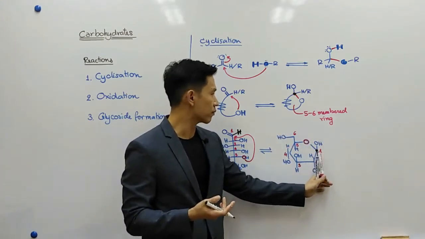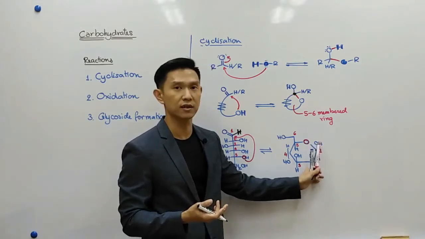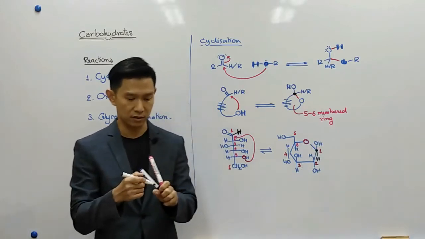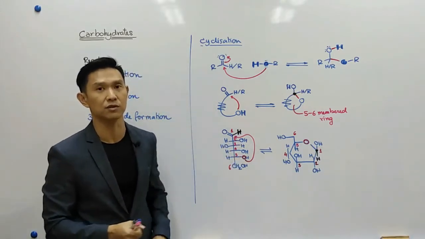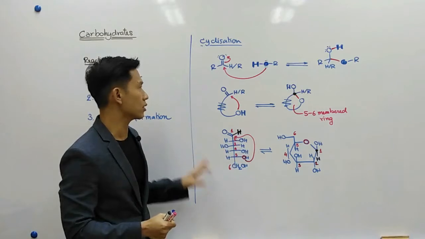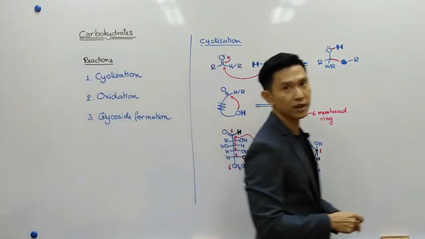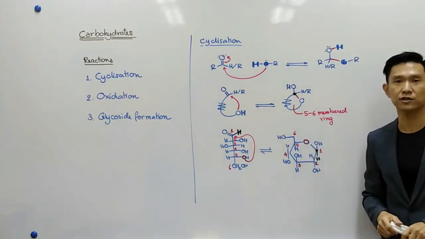But if the carbon with 2 oxygen connects with 2 carbons left and right, it means that the previous structure is the ketone. Okay, that's it. This is what I want you to know. And this is the first reaction, the cyclisation. Now we have 2 more reactions to go.